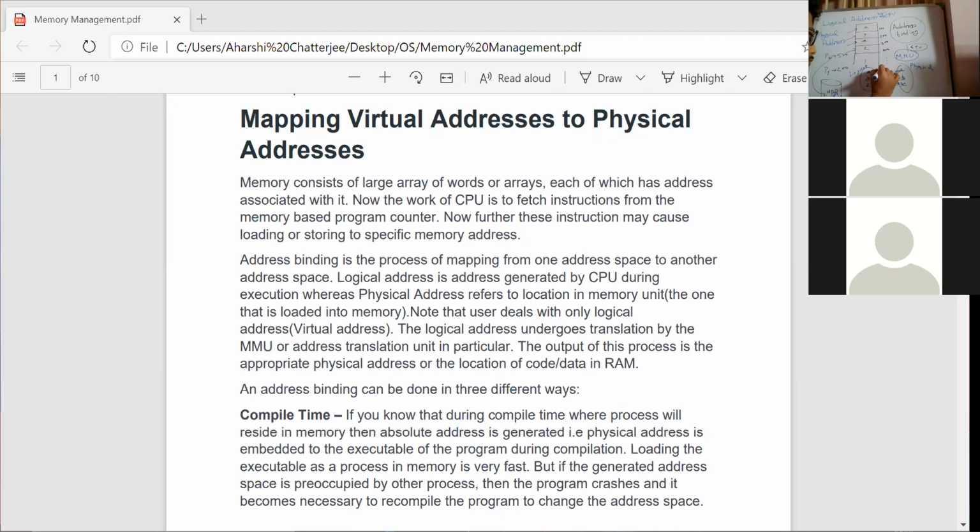Here, one MMU is there. That MMU is converting the logical address to physical address, and the mapping is going on. That is the overall thing. Now tell me if you have any doubt up to this.